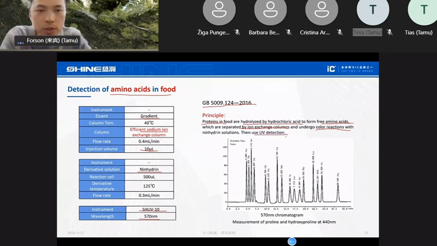Use the UV detector to detect, and there are two different wavelengths because most of them are at 570, but there are two amino acids detected at 440.